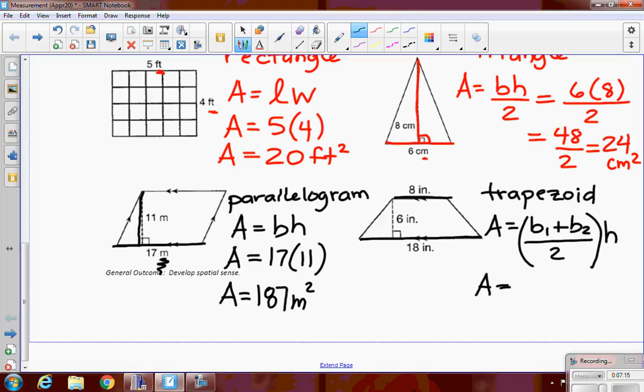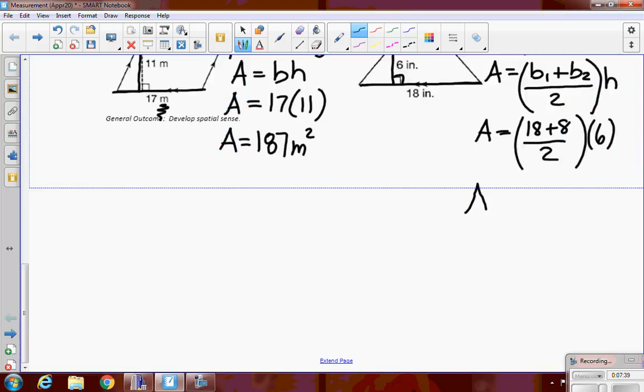In a trapezoid, the bases need to be parallel to one another. So here we're going to say 18 plus 8. We're going to divide that by 2. Those are our bases. Now the height has to make a 90-degree angle with them. There's my height of 6 inches. So I'm going to multiply this whole thing by 6, which, by order of operations, means we have to do what's in the brackets first.